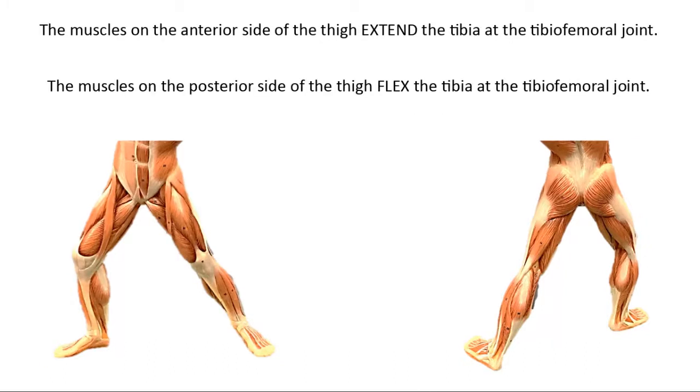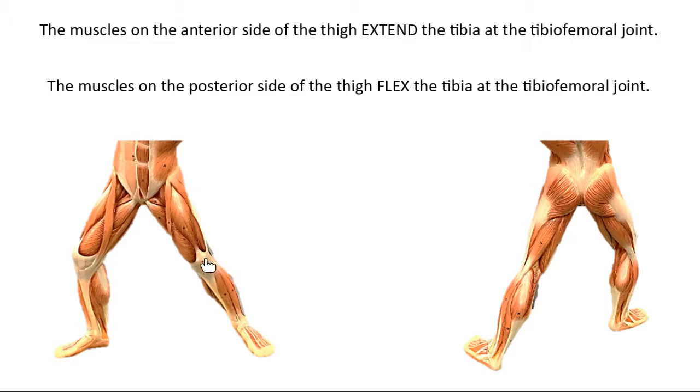Okay, here's where things get real. Remember how I told you we had to pay attention to our rules before that we're moving the femur at the hip joint? Now we're talking about moving the tibia at the Tibiofemoral Joint. We've now moved down to the knee.